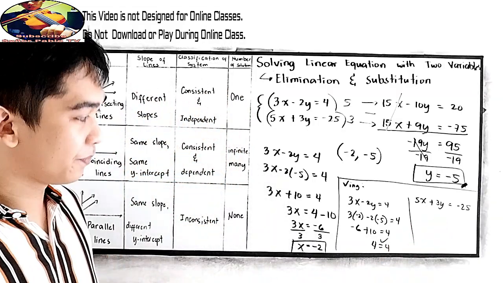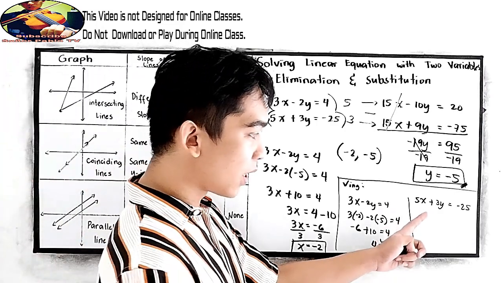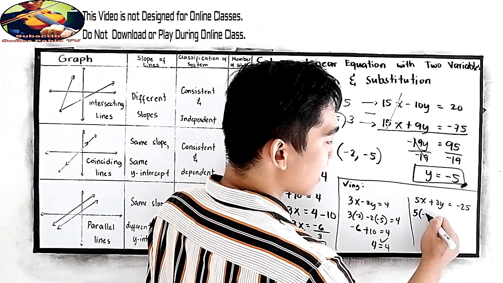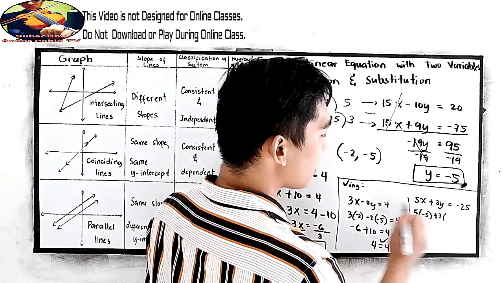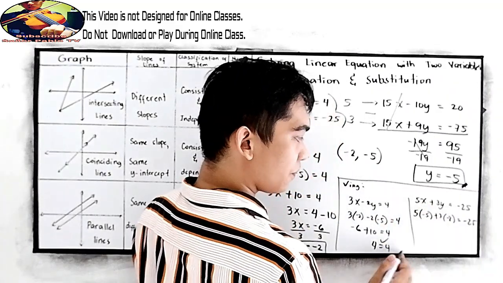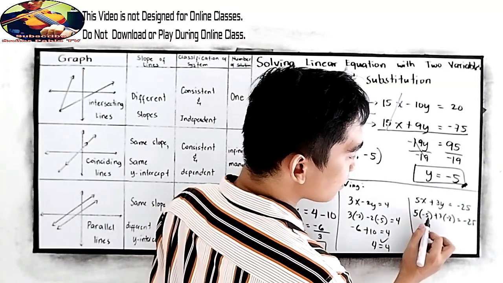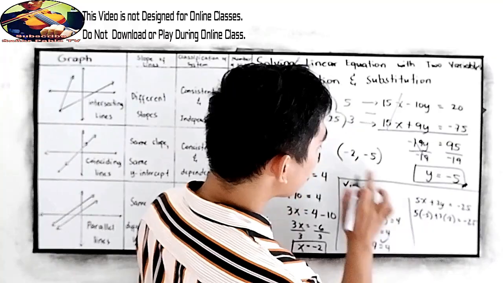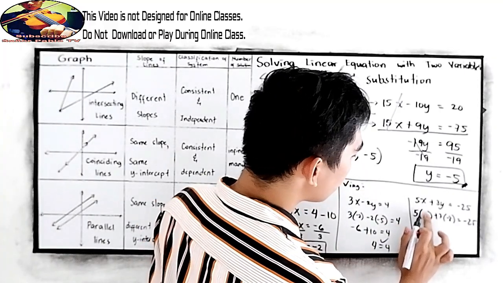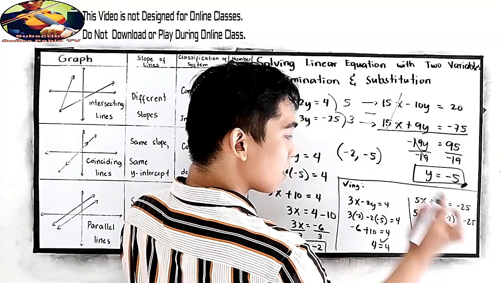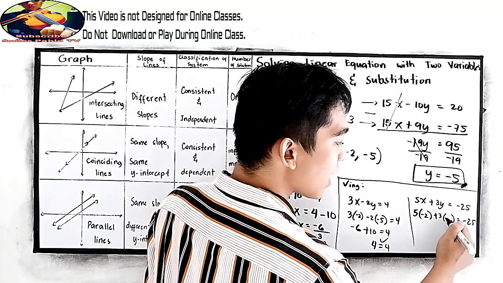Which is true. And the other one, 5 times negative 5 plus 3 times negative 2 is equal to negative 25. Our x is negative 2 and our y is negative 5.